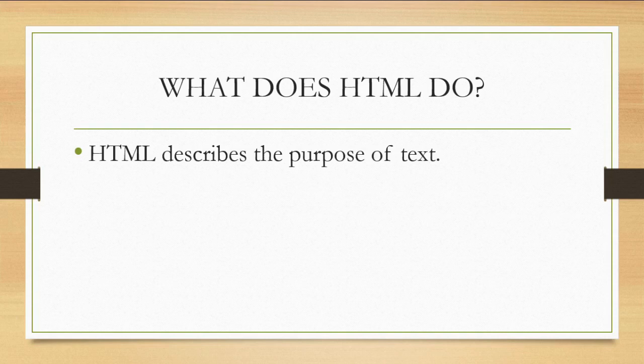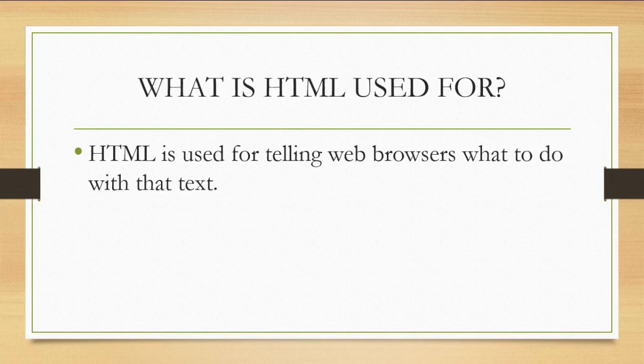You just put the codes, and the website will do its part in how it will be read. What is HTML used for? It's used for telling web browsers what to do with the text. By using those codes, you are letting the website read the codes and show them, and it will become the output.